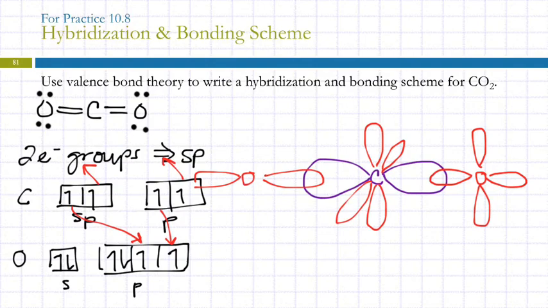Now, before I draw the rest of that, let's look at what's going on here. So we've got overlap here, and this p orbital lines up nicely with this p orbital. So we're going to make a pi bond between those 2.